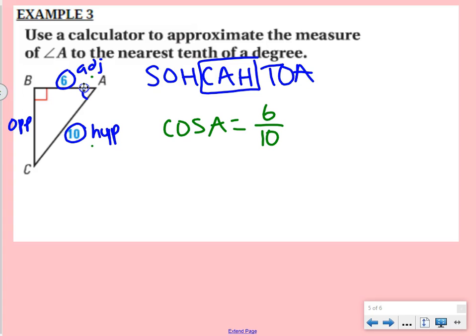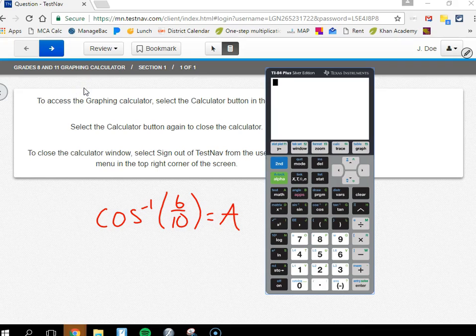I want to solve for A, so the inverse cosine, switch these around, of 6 over 10 will equal the measure of angle A. Using our calculator, the inverse of cosine is the blue button plus the cosine button times 6 divided by 10 equals 53.13.